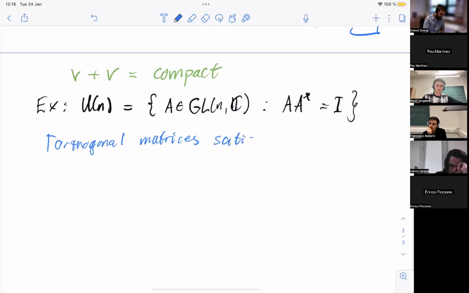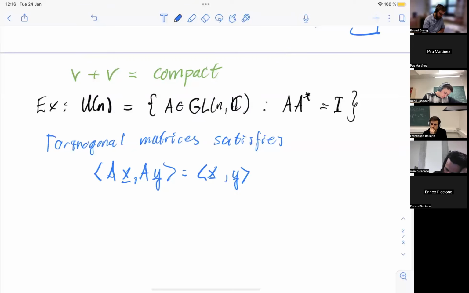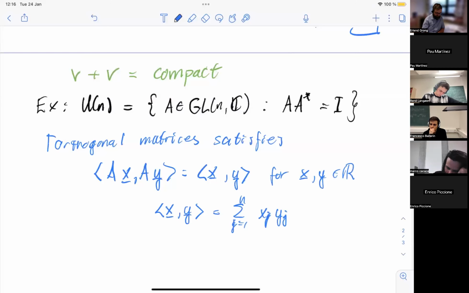Orthogonal matrices are the ones that satisfy Ax dot Ay equals x dot y for x, y in Rn, where this is just the inner product, the sum over j equal 1 to n of x_j y_j.